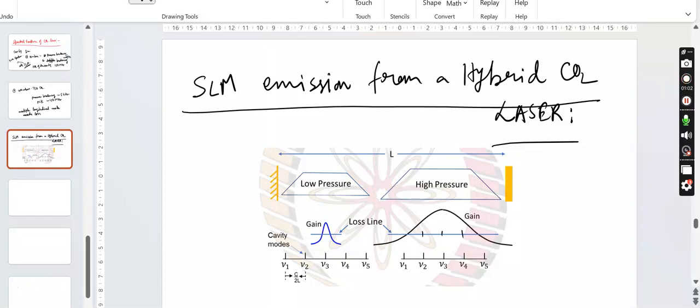Here the cavity mode mu3 experiences gain in both the sections. Therefore the hybrid laser, hybridizing the low pressure and high pressure cell in the same cavity, will only lase on that mu3 frequency. And that is SLM. That is how we can get single longitudinal mode emission from the high pressure laser.